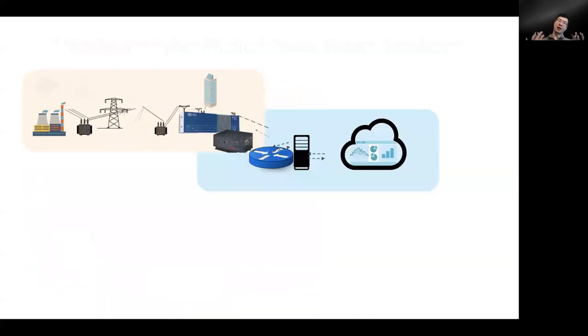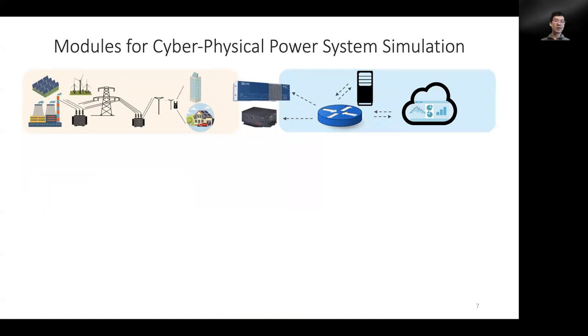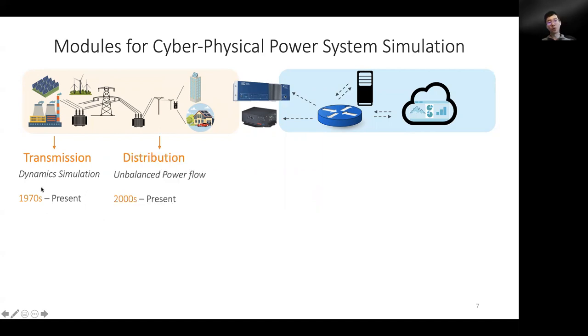The current state of the art is that there are several modules for cyber-physical power system simulation. For example, we use transmission grid simulators for dynamic simulation to simulate the grid dynamics. And we have distribution simulator programs to compute unbalanced power flow. We use measurement simulation software or real devices to realize the sensing and streaming functions.